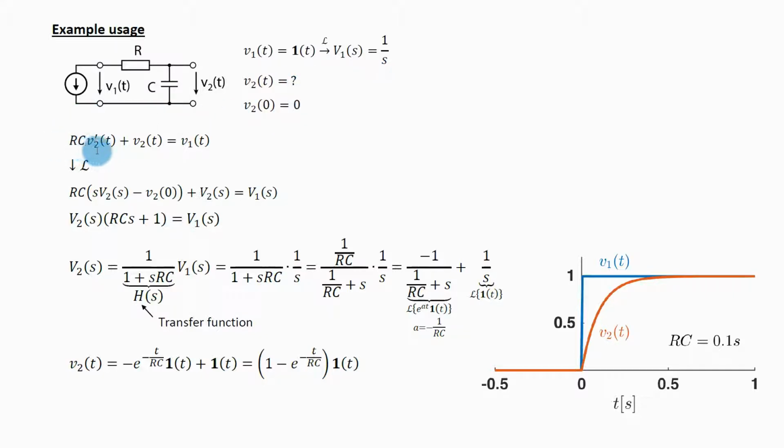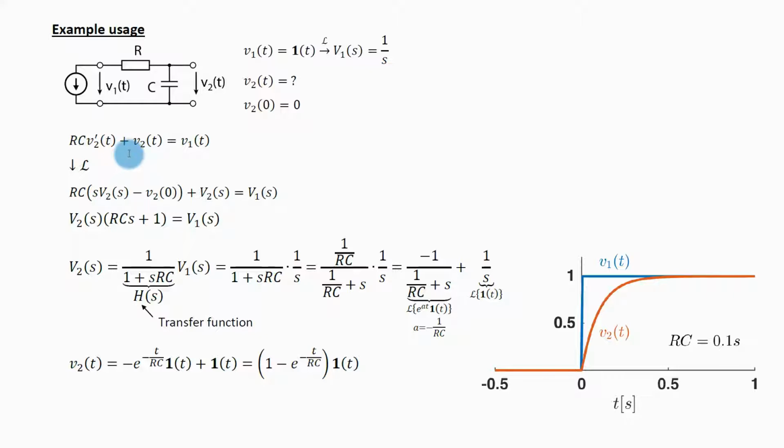So this is the differential equation that describes my circuit, and I will start by taking the Laplace transform of this differential equation. Here I have a linear combination of the output voltage and its derivative. So when I apply the Laplace transform, I can apply it directly to the output voltage and its derivative.